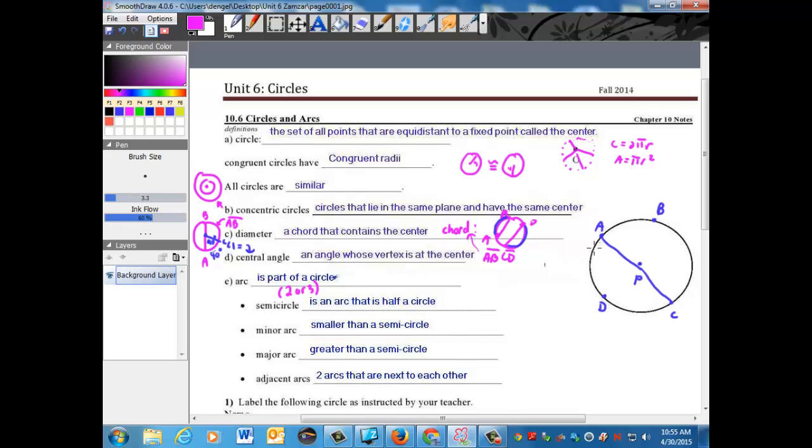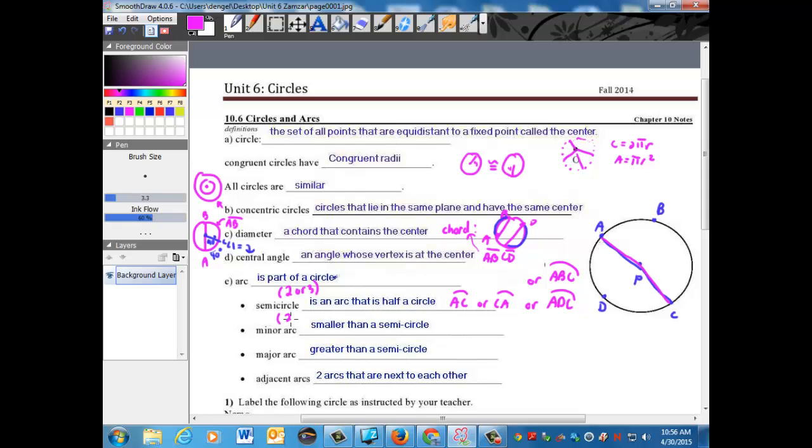AC is supposed to be our diameter, so AC is certainly a semicircle, or you could call it CA. You could go either way. Or you can use 3 letters and say this is semicircle ADC, or semicircle ABC. Again, you can use 2 or 3.